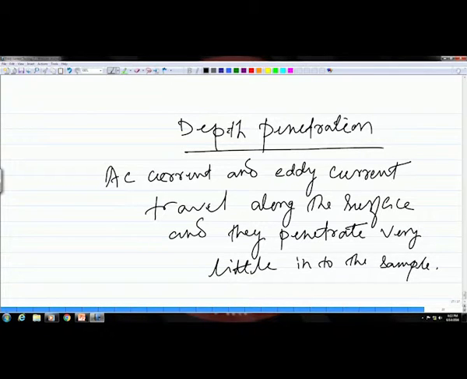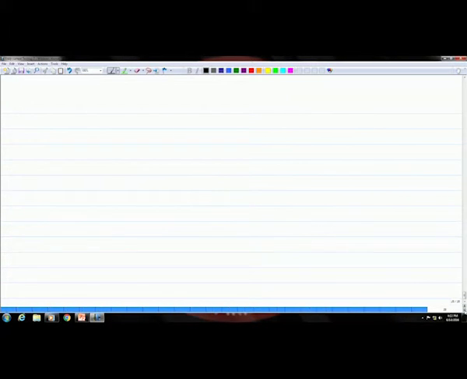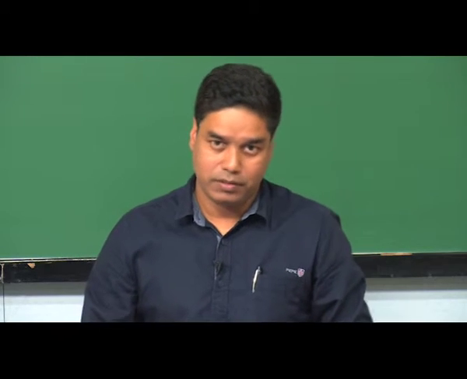To a certain extent they can penetrate, and that would depend, as I told, on the frequency which is used and the electrical and the magnetic properties of the material.